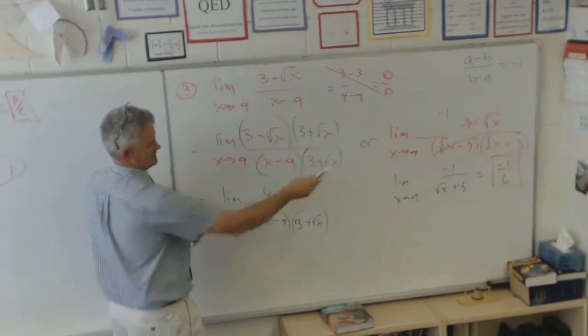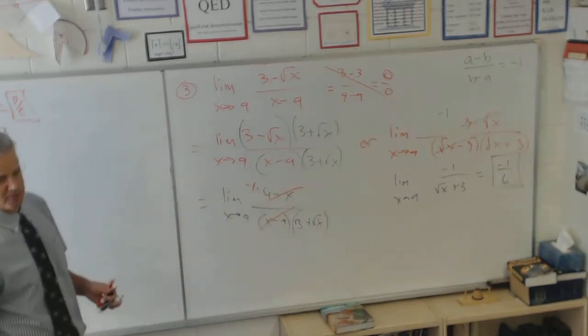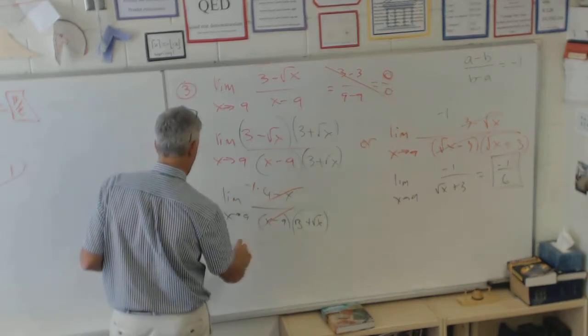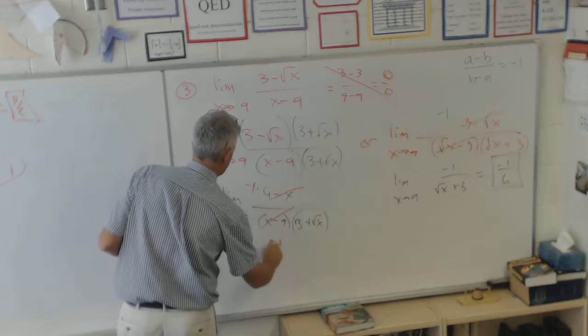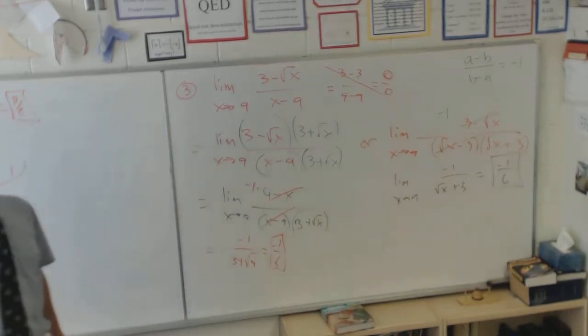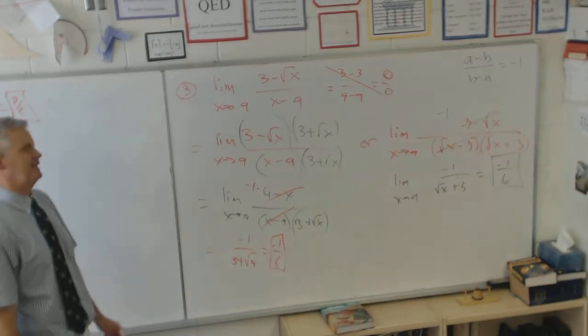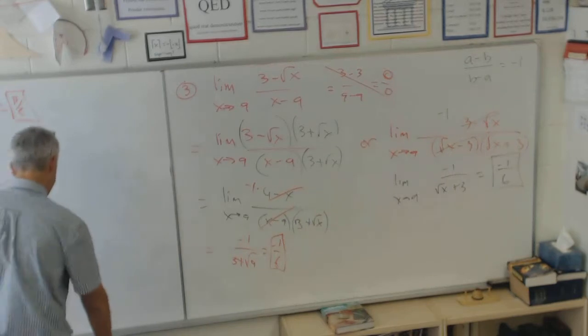And it's totally the same. That gets us to -1. So a minus b over b minus a gets me -1. So now we plug in the 9. We have -1 over 3 plus square root of 9. Same answer, of course. Two really different methods there. Algebraic, no calculator needed. Pretty high end. I'm hoping you catch on to that.